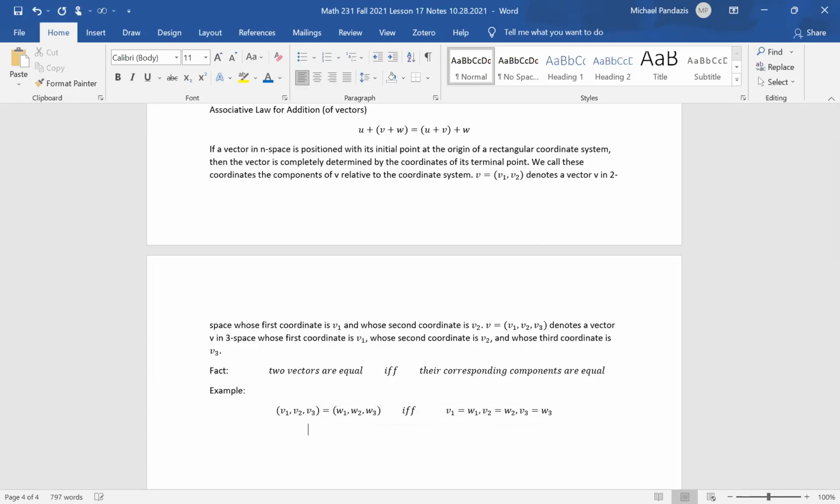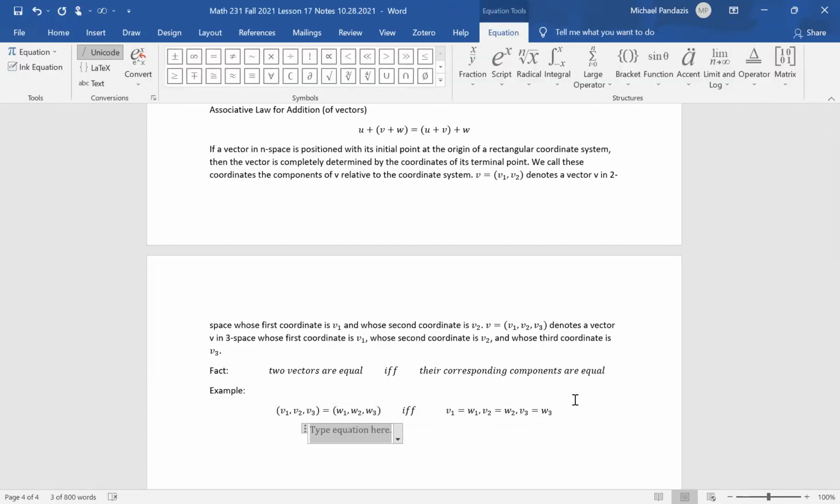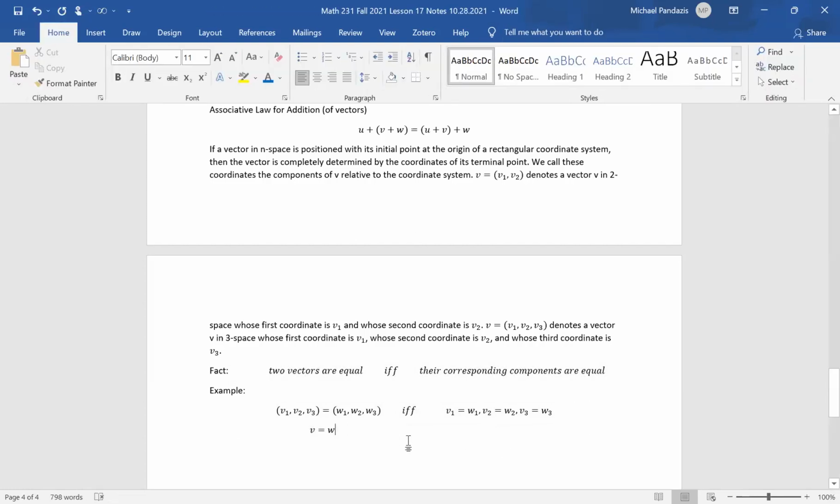Another way to write that is V equals W. Right? So you could have also written it that way.